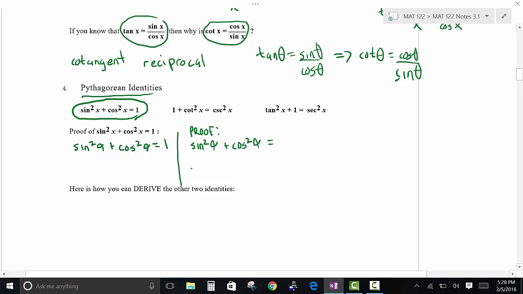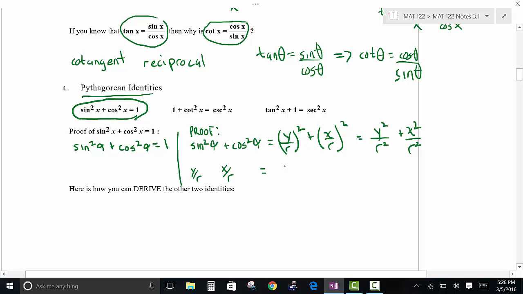So we know the sine is y over r. We know the cosine's x over r, so we're just going to work with y over r squared plus x over r squared. And when we work that out, we're going to have y squared over r squared plus x squared over r squared, like that.